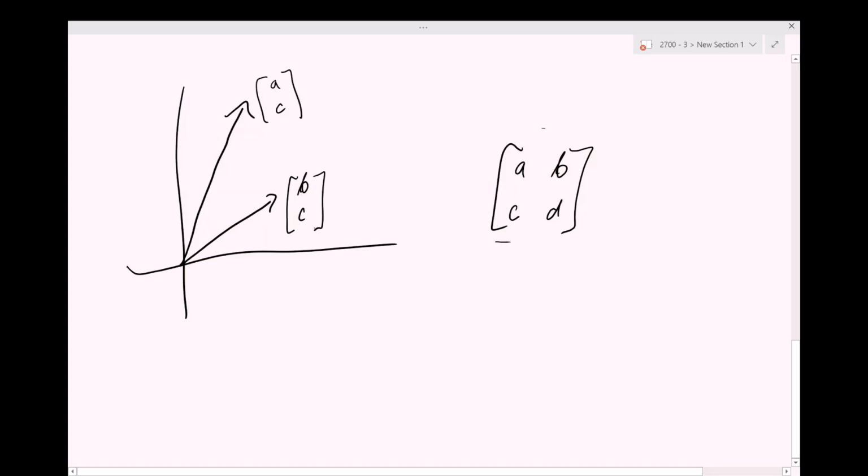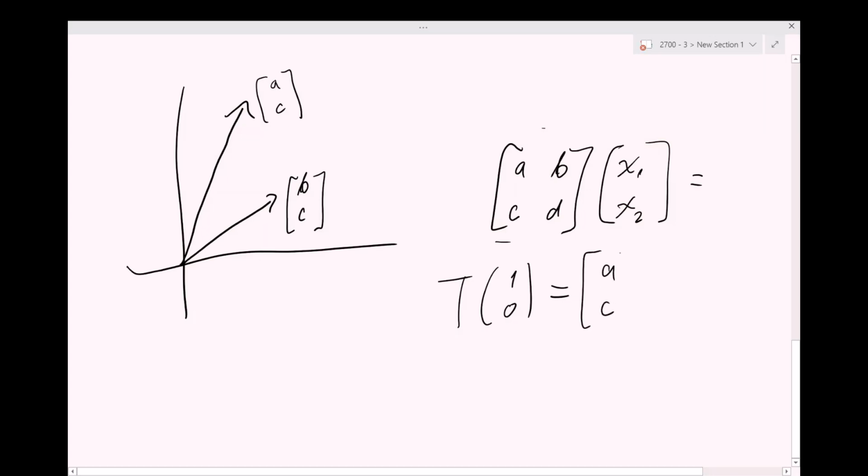What that means is that this transformation, as a transformation, if I multiply this on some x vector and see where it goes, this transformation sends my first coordinate vector to AC, by the way we define what these transformations do off the matrix, and it sends the second coordinate vector to BD.